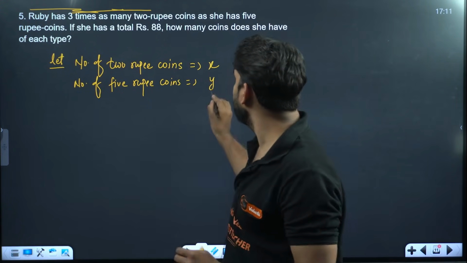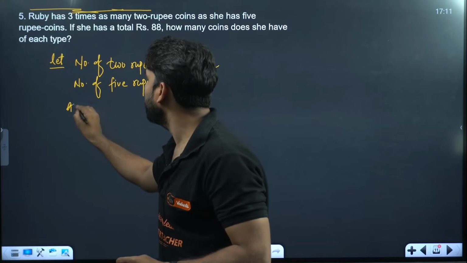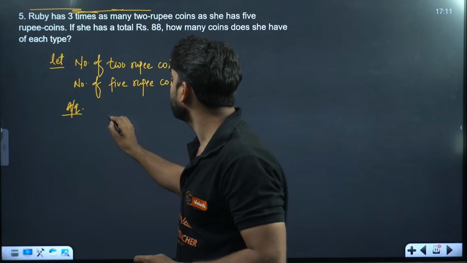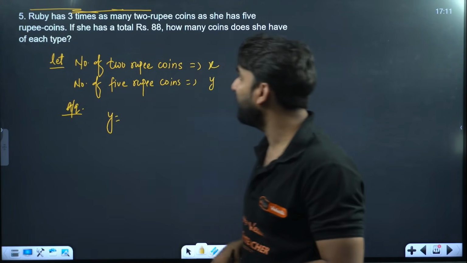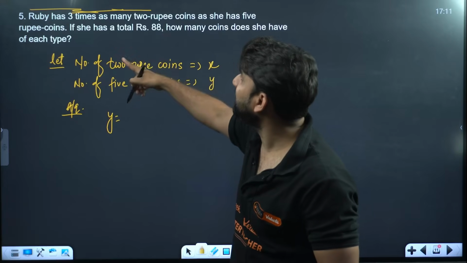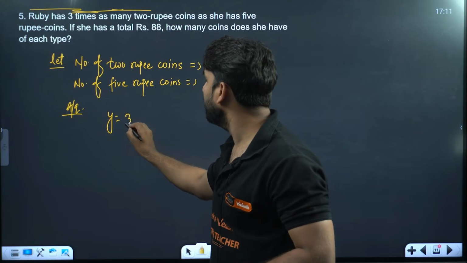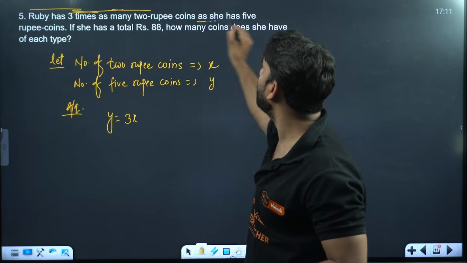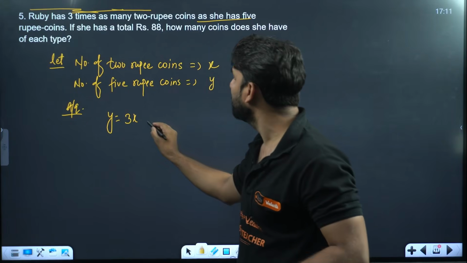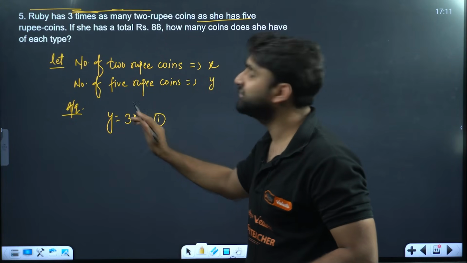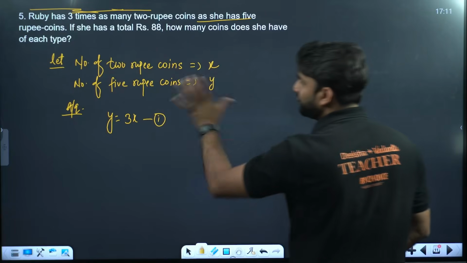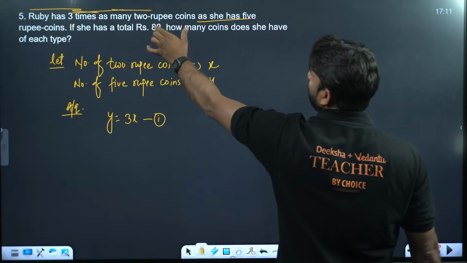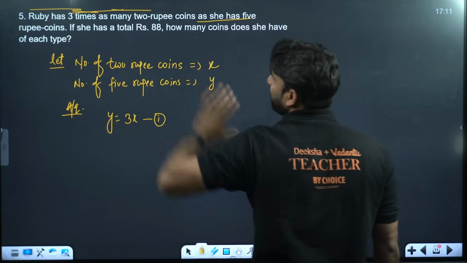So basically, let me write here AQ, according to question, the number of 5 rupee coins y is equal to 3 times as many, so 3 into x. Whatever the number of 5 rupee coins she has is equal to 3 times the number of 2 rupees coins. This is the equation. So y is equal to 3x.